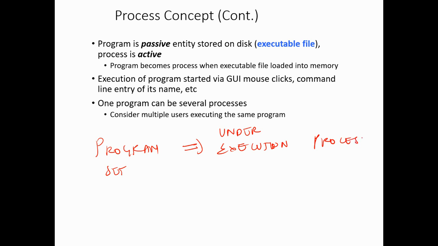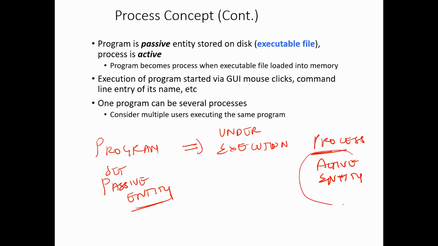Now, we declare a program as a passive entity and a process as an active entity. Why? Because a process is under execution, so it should be active, and we can say that entity is an active entity.